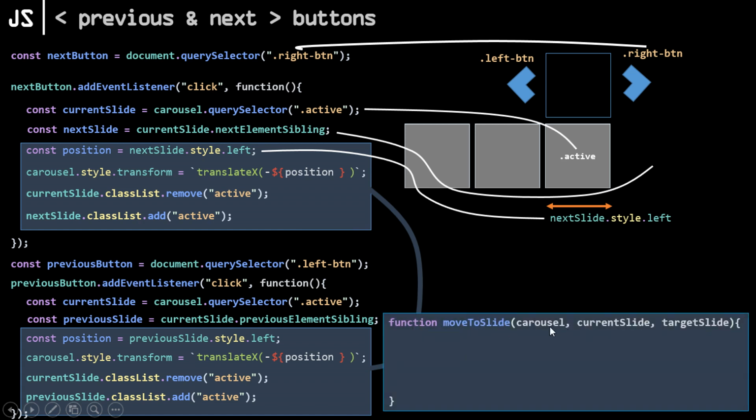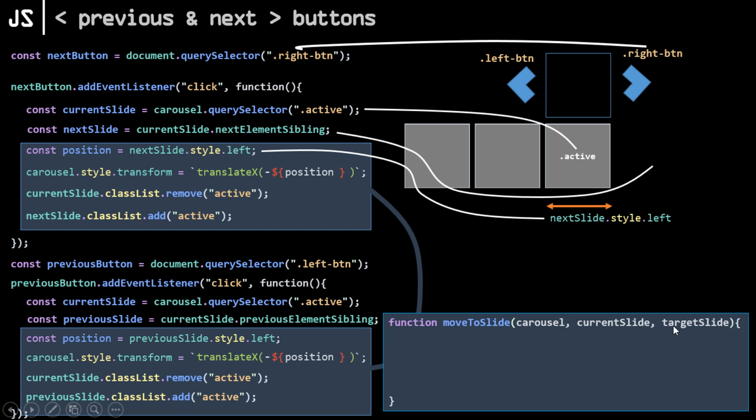The parameters of our function here are the variables that will change in these 4 lines of code. So the variables that will change are the next slide, the carousel, and the current slide. So I'm going to say move to slide, the carousel, and then the current slide, and the target slide.